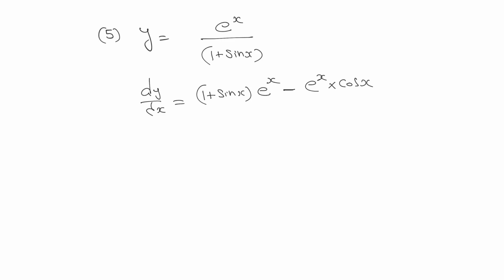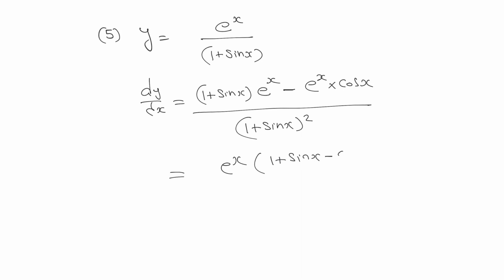So we can write into cos x divided by 1 plus sin x, which is the denominator square. So this will be equal to nothing but e raised to x. If you want, you can take this e raised to x common. It is 1 plus sin x minus cos x the whole divided by 1 plus sin x the whole square.